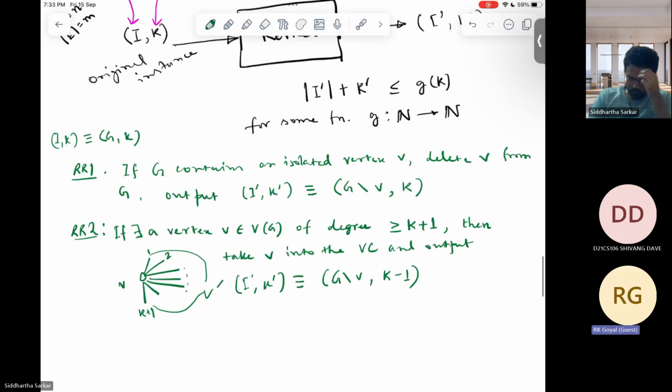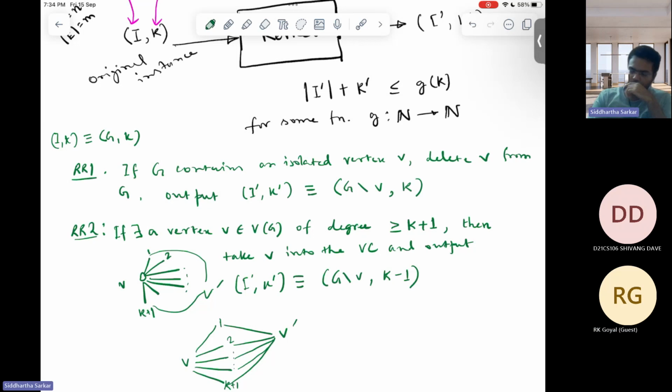No, the graph is undirected. So can we have a multigraph in which there are multiple edges between two vertices? You mean parallel edges? Yes, all these are parallel because we have the vertices ranging from 1 to k plus 1 here. So now instead of v, I have the liberty to select v dash. Yes, that you can do.